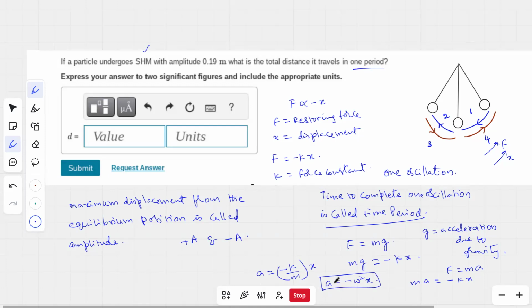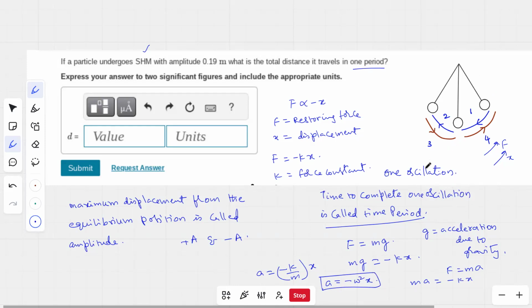What is the condition? The acceleration and displacement are oppositely directed. Whenever an object is in periodic motion in which the acceleration and displacement are directly proportional to each other and are oppositely directed, then it is called simple harmonic motion.